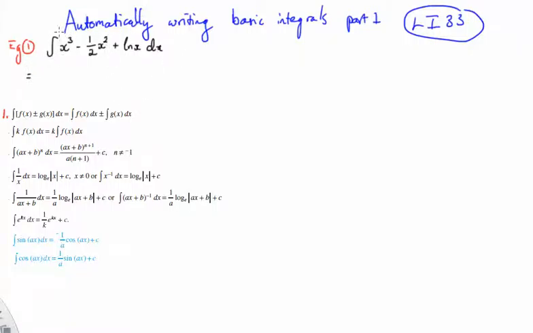So it means you can take each term and take the integral of that individual term, and it will be the same thing. So it's the same as saying the integral of x cubed dx minus the integral of a half x squared dx plus the integral of the natural log of x dx. So this first thing is just saying we can expand these out.